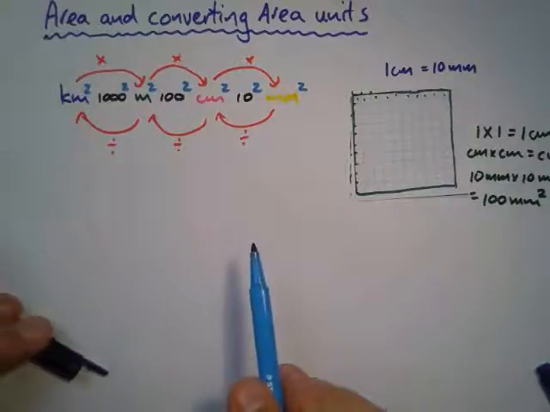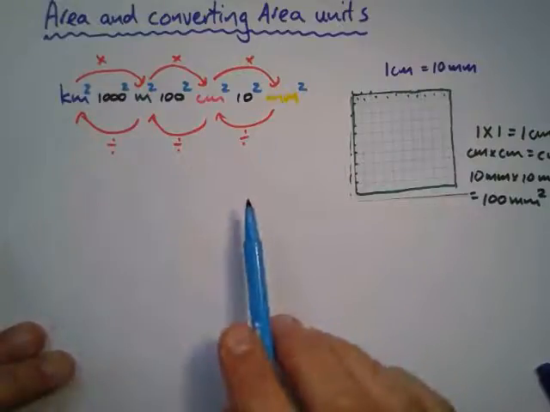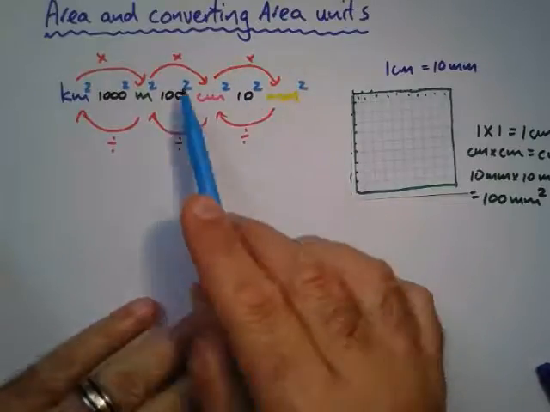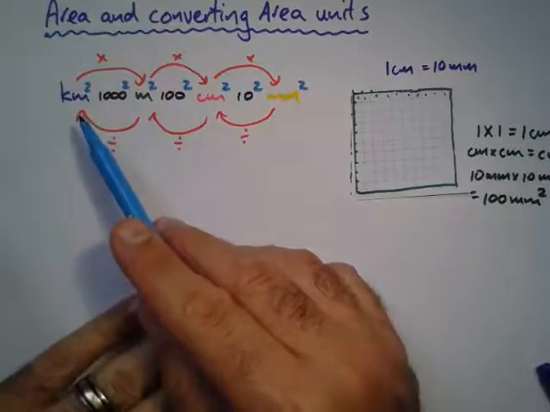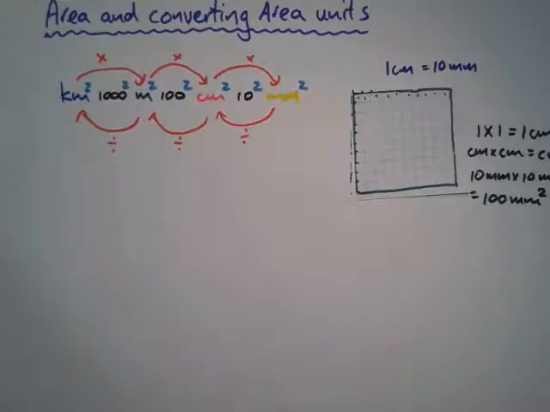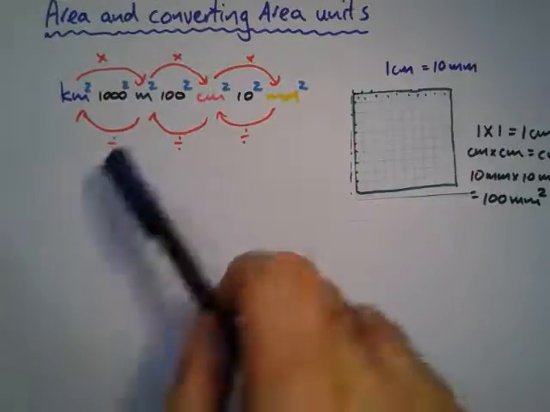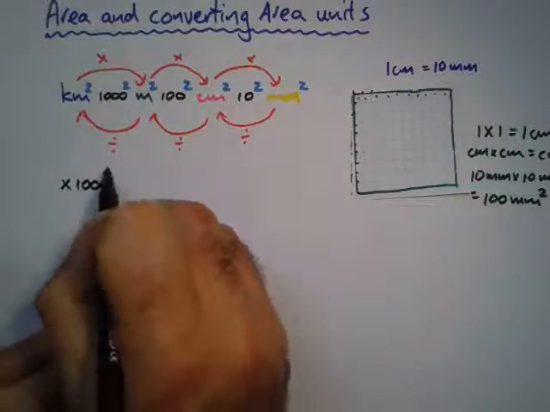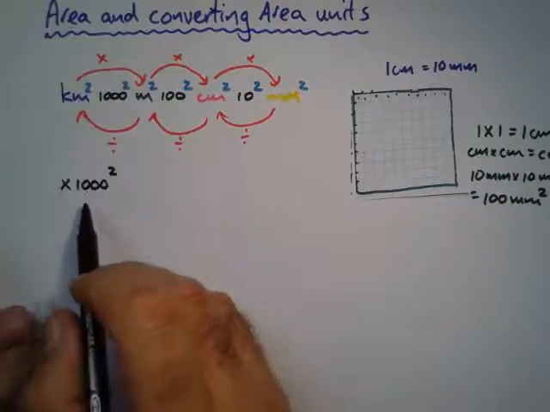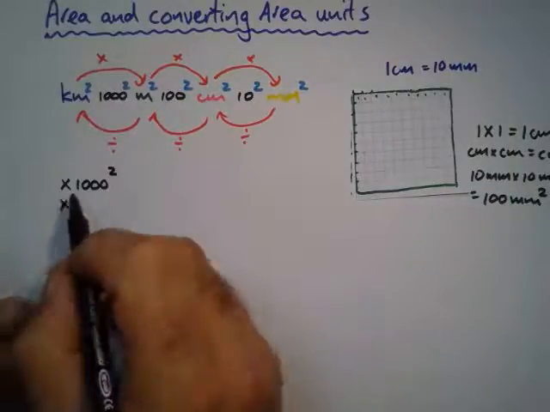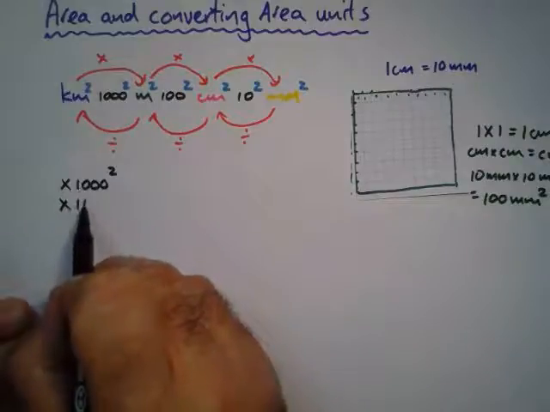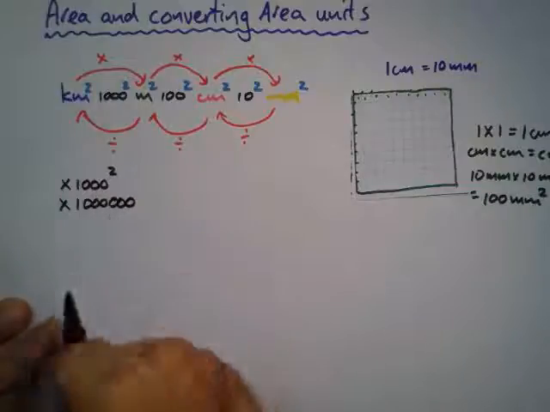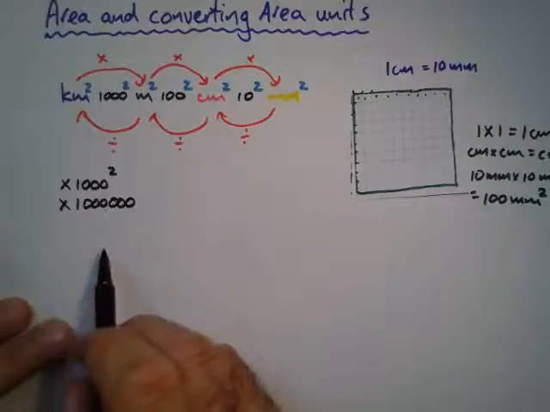We'll have a look at some more examples soon, but what you need to realize is, whatever shape I have, if I find the area, it will always be in square units. Now I'm going to quickly revise how you work this out. If I times by 1,000 squared, you can use a calculator, or that's the same as 1,000 with 3 zeros twice, which means it's going to be another 3 zeros, so it's times a million.